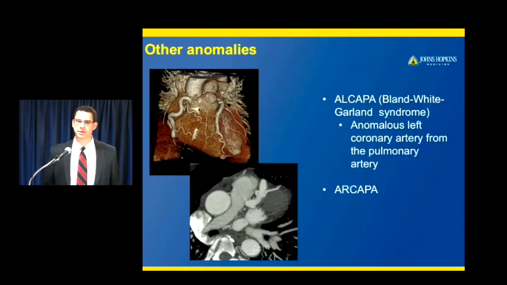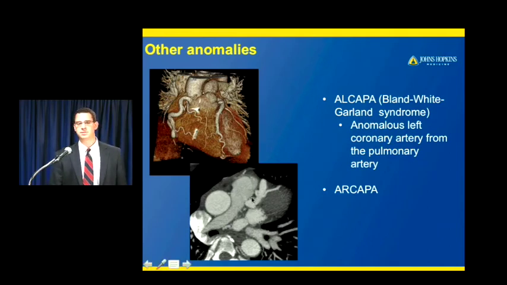What about other anomalies? Are there any other anomalies we encounter? Yes. This is a very rare disease, ALCAPA or ARCAPA. These are two diseases in which the origin of the coronary artery is abnormal. ALCAPA stands for anomalous origin of the left coronary artery from the pulmonary artery. In these cases, the left coronary artery arises from the pulmonary artery, which is demonstrated here.